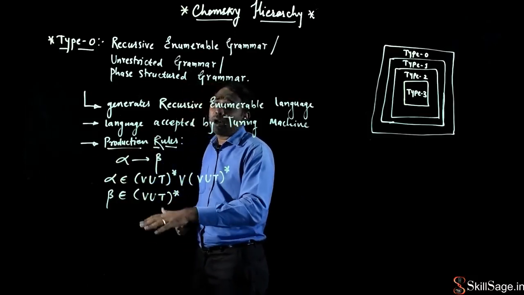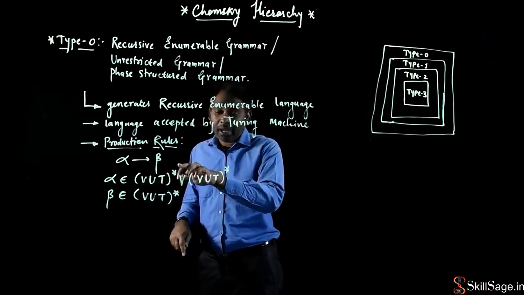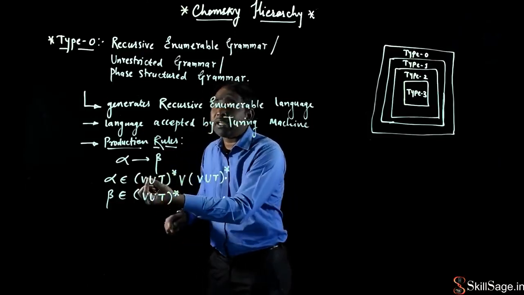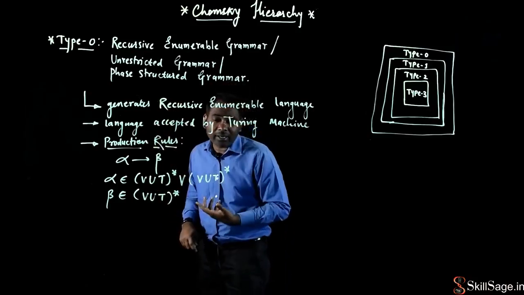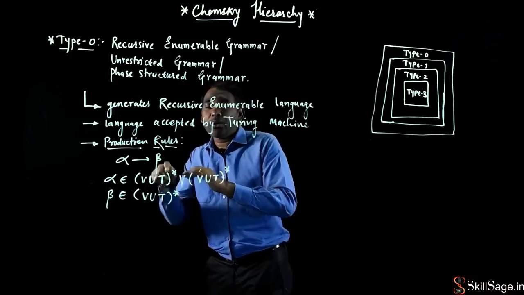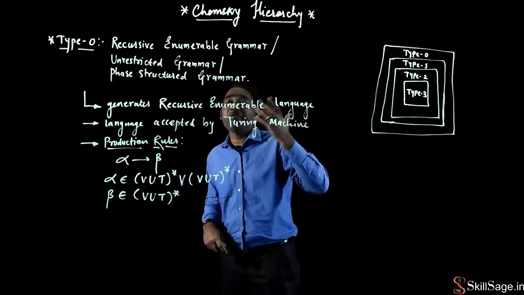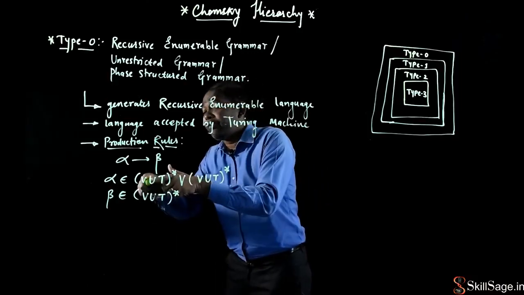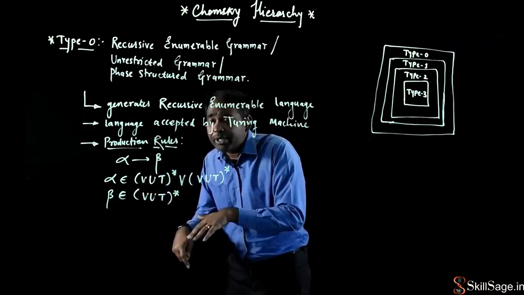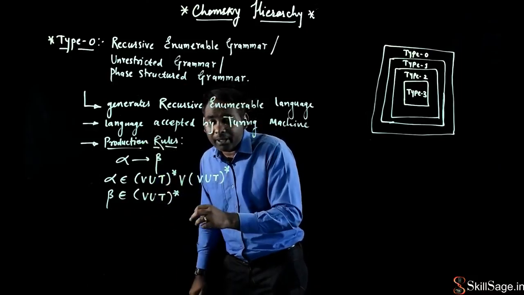What is my alpha? Alpha belongs to (V union T) star closure, with one V. This V stands for variable, as we have seen in the grammar. T stands for terminal symbols, and star closure means 0 or more occurrences, 0 to infinity, of variables or terminal symbols, with one variable in the middle.